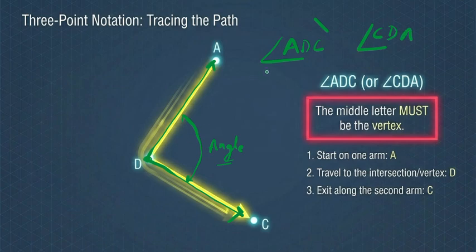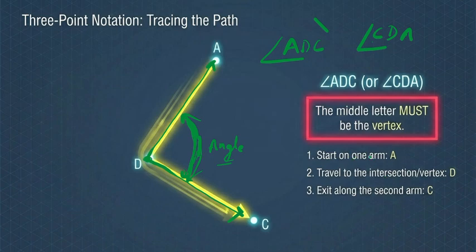This angle ADC represents the space between the two lines, and angle CDA is another name for the angle between these two lines. This is the naming using three letters.